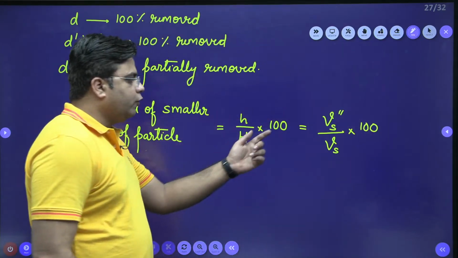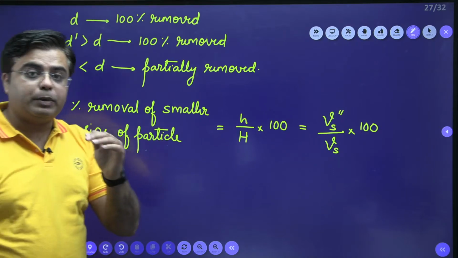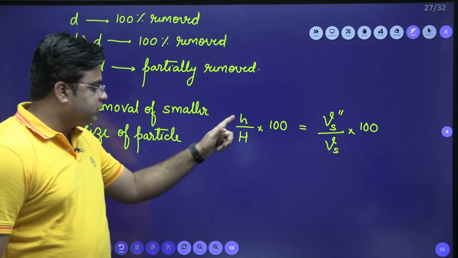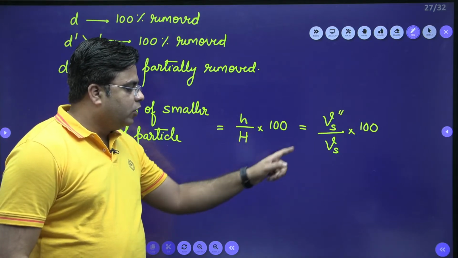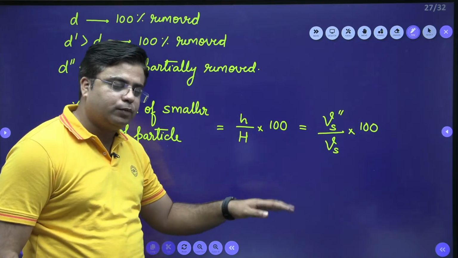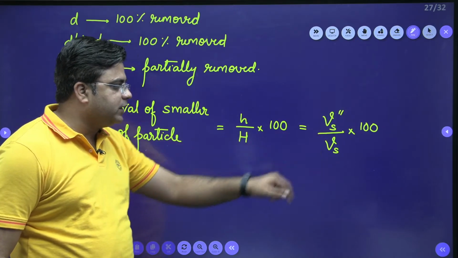So these are the two formulas from which you can calculate the percentage removal of the smaller size of particle, which is small h by capital H into 100, or which is equal to Vs double dash, the settling velocity of smaller size of particle, divided by Vs into 100.